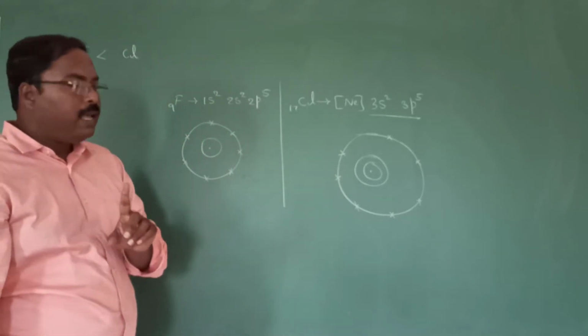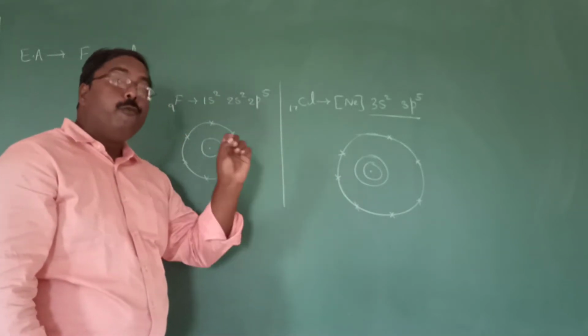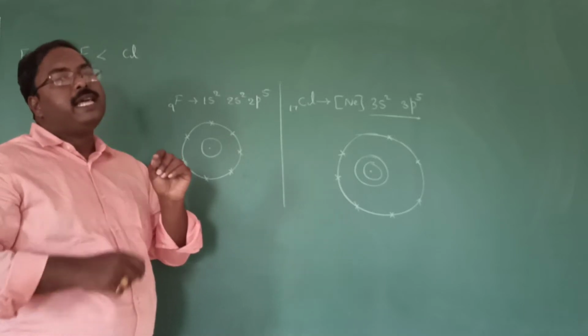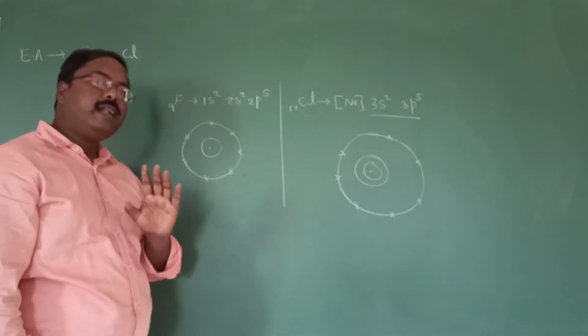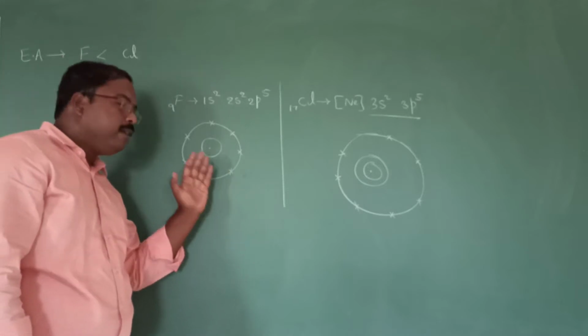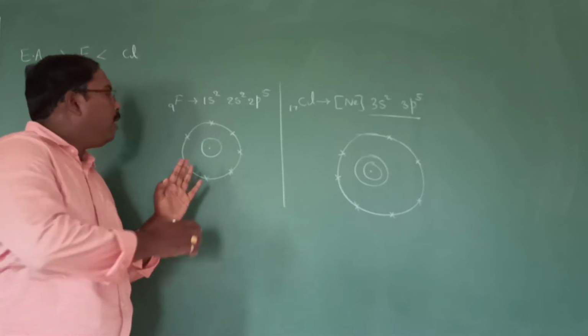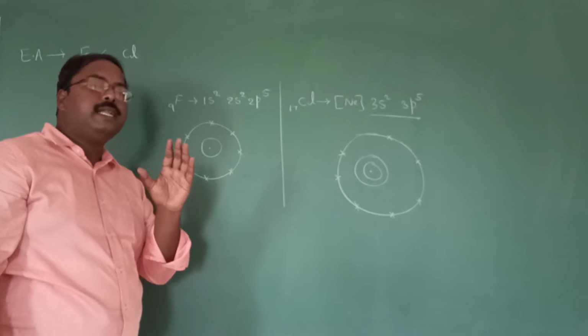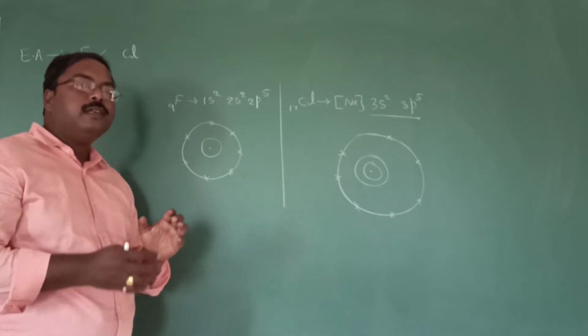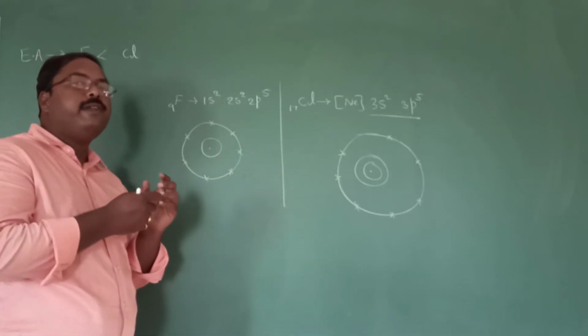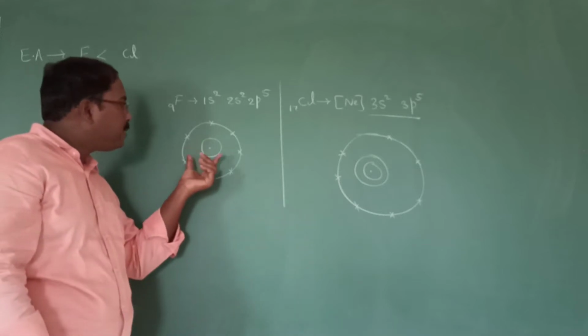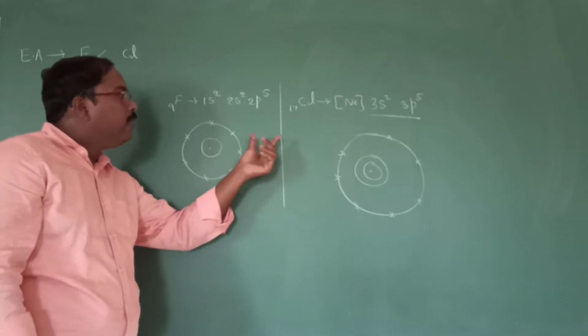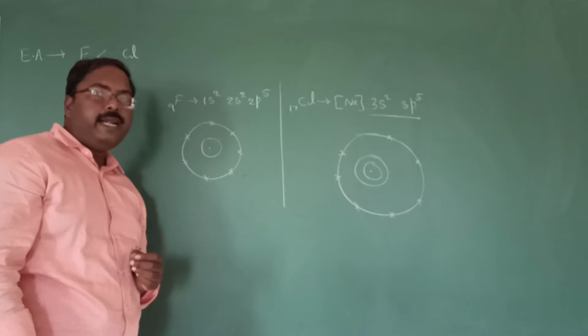My question is, in which case are the repulsions between the electrons more? We can say 100% fluorine, because all 7 electrons are present in the second orbit only. So there are more repulsions in fluorine compared to chlorine.